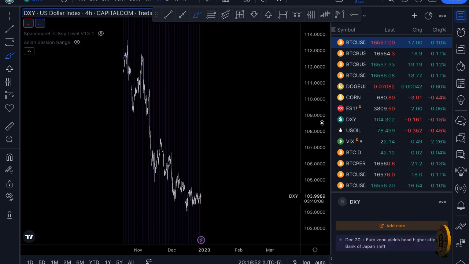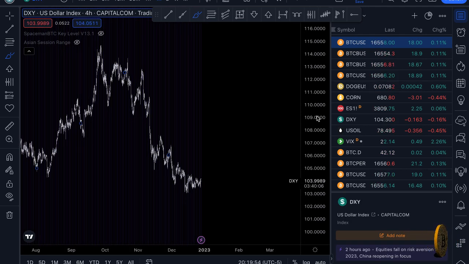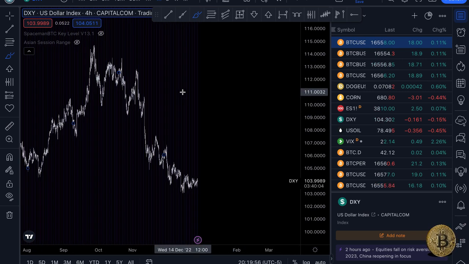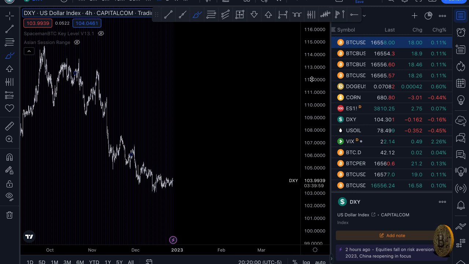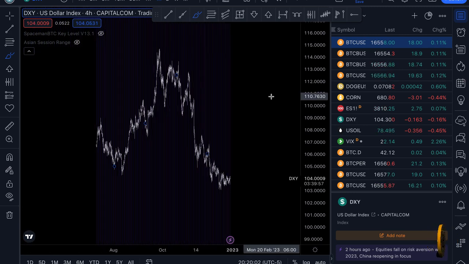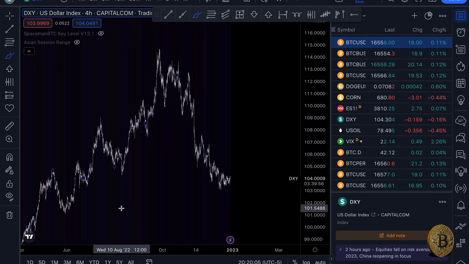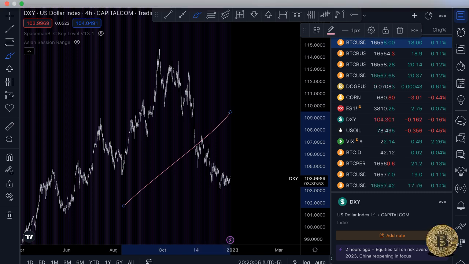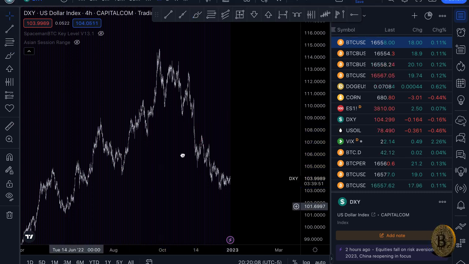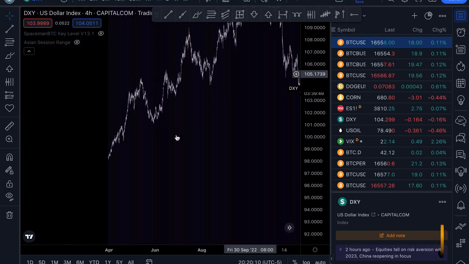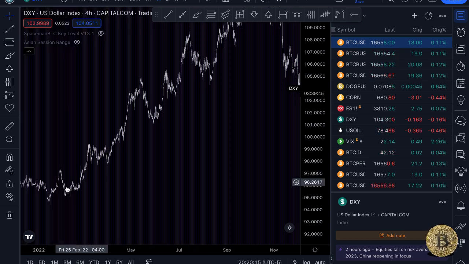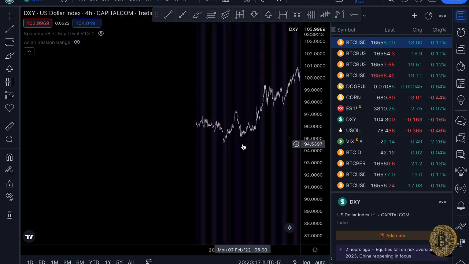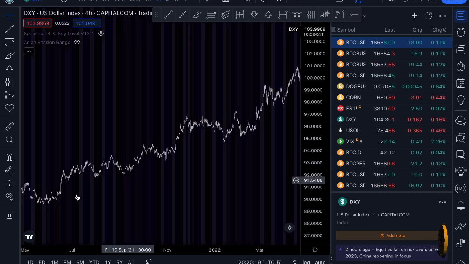Now, this is an inverse chart, obviously, to stocks and crypto, and if we're looking at this, we can also come back to the dump in 2020 and see what transpired there as far as a head and shoulders.